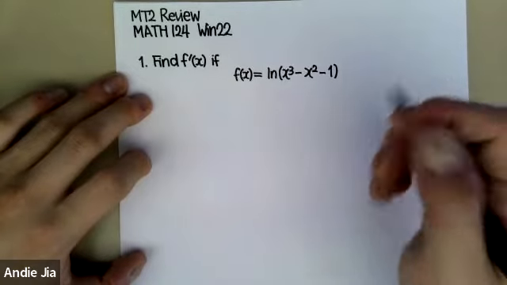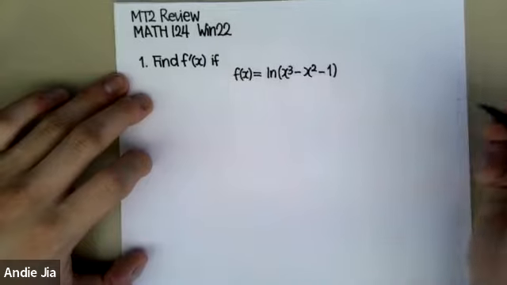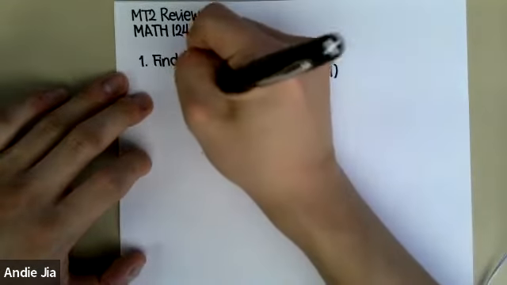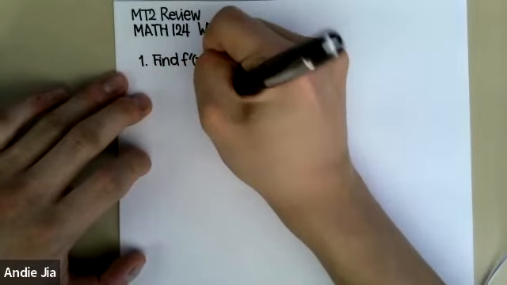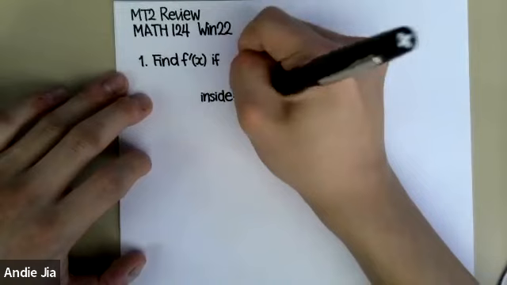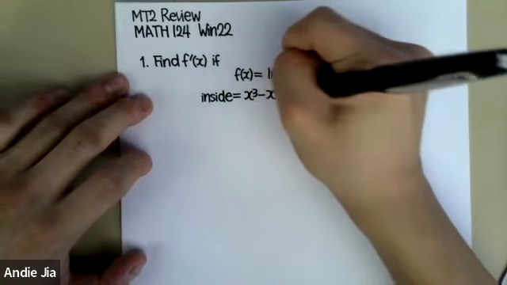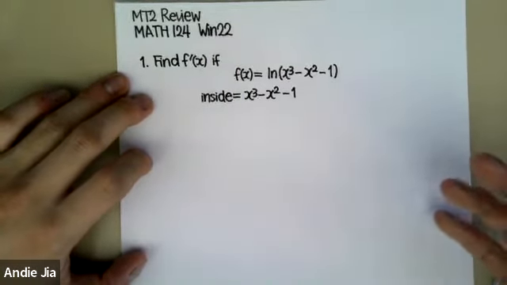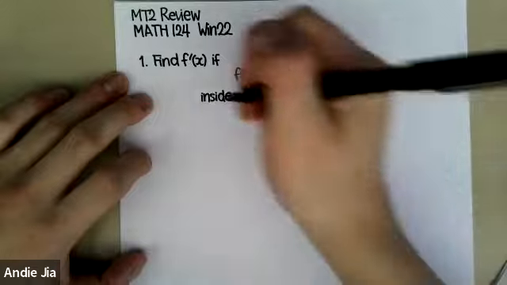Using the chain rule, you need to think: what is the inside function and the outside function? The inside function is x cubed minus x squared minus 1. The outside function is the natural log of x.